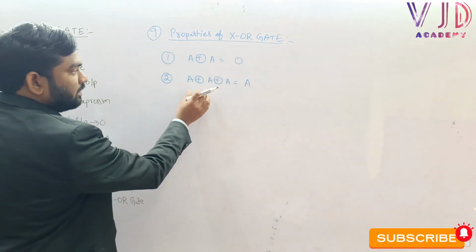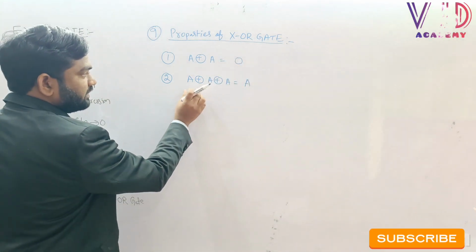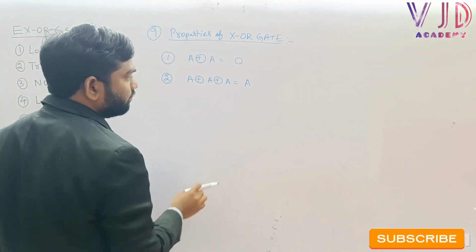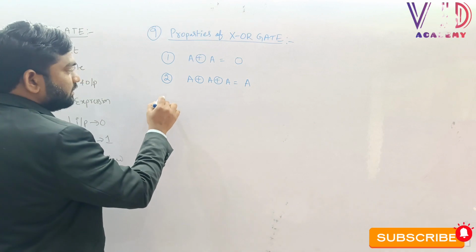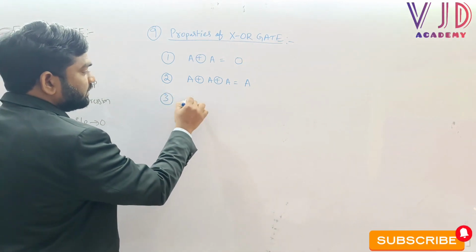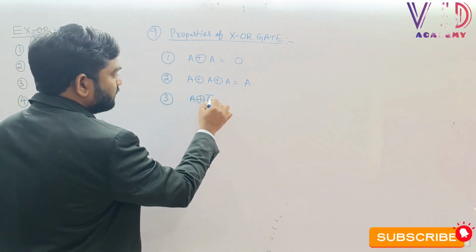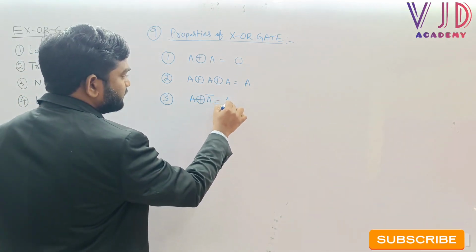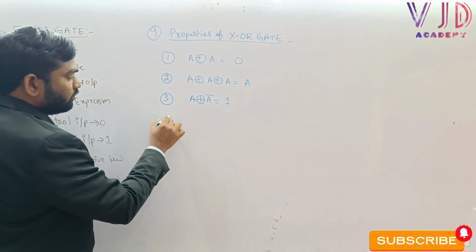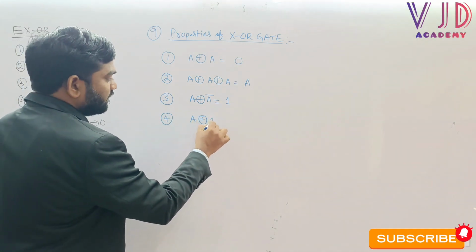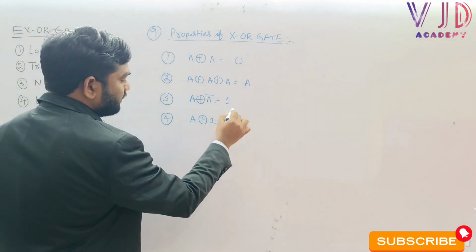And when we connect the same input in an odd number, we get output as A, which means A XOR A XOR A gives A. The third condition is A XOR A bar, and the output is 1. The fourth point is A XOR 1, which is equal to A bar.